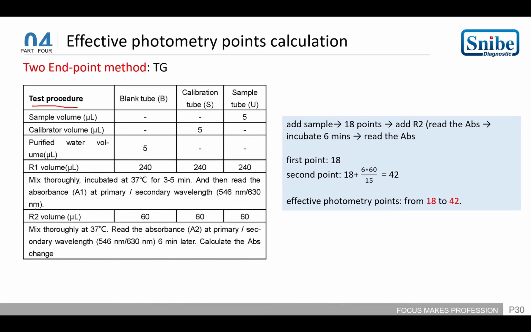Then add reagent 2. Mix at the same temperature. Read it 6 minutes later. You can see 6 minutes later. But for the Process 240 and the Process 240 plus, they are the same because they need to wait about 18 points. That means after you add the sample, you need to wait about 18 points. Then we add reagent 2.